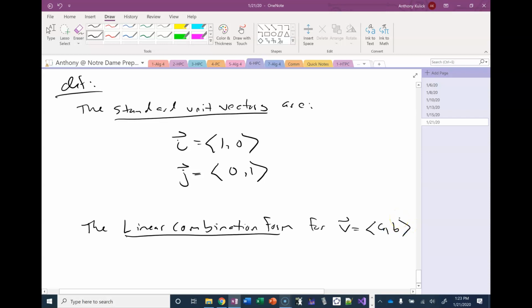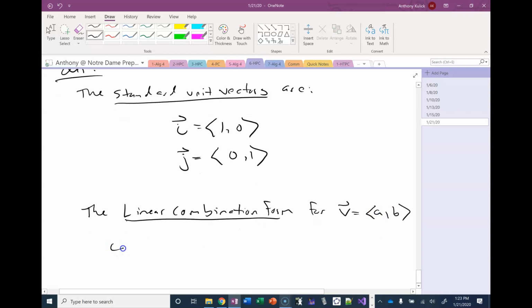So let's say we have some vector v that's represented as vector ab. So let's see how we go from component form to a linear combination form.